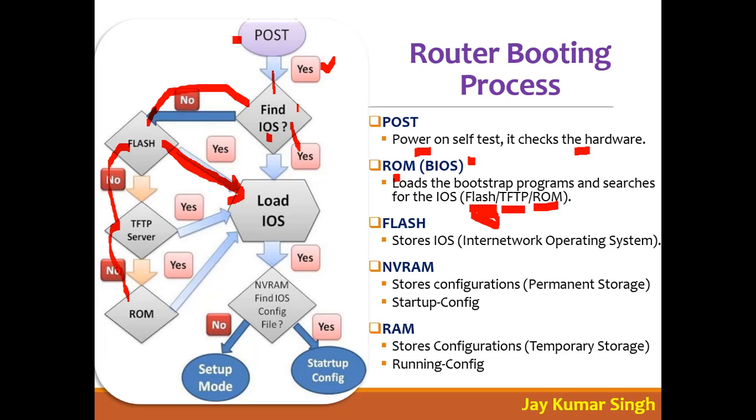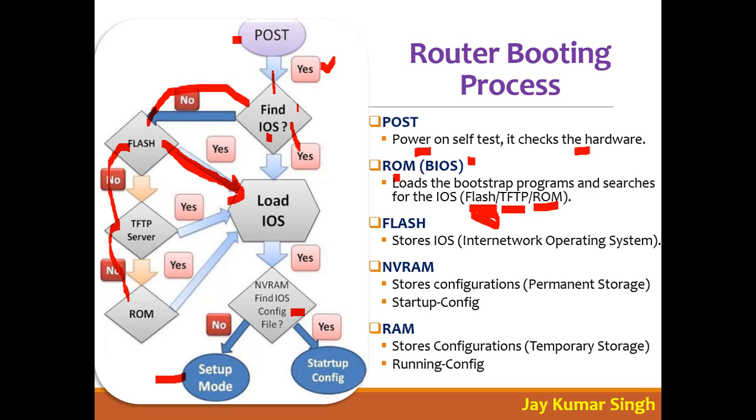After loading the operating system, it will look for the configuration file. Here you have two options, depending on whether your device is new or old. If your device is new, do you have a configuration file? No, only the operating system. So if there is no configuration file, then boot from setup mode.